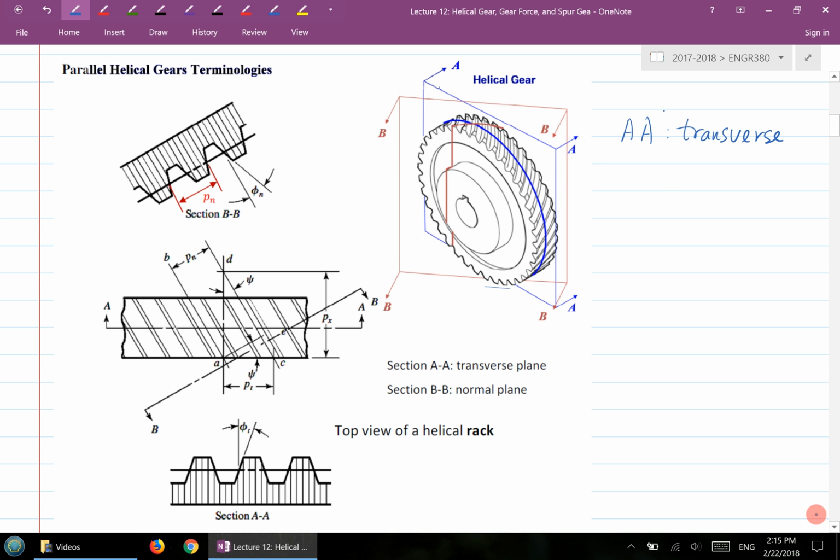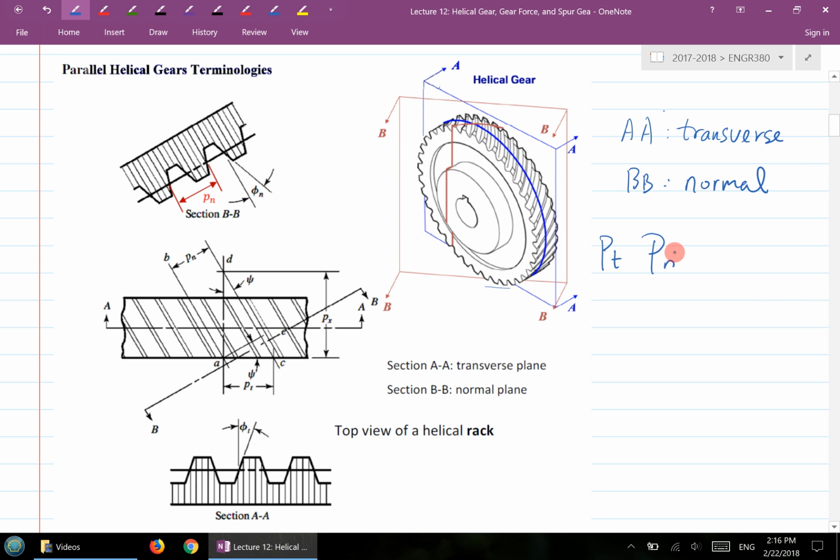And the BB plane here is called the normal plane. Within each plane, from the user side, it's just the same as a spur gear, but the parameters are different.